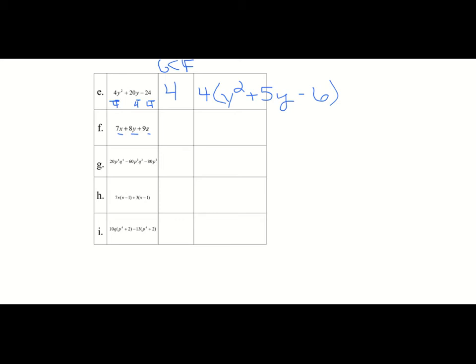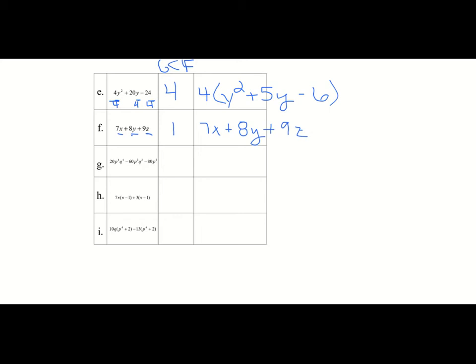Because 7 doesn't work with 8 or 9, my greatest common factor here is a 1, which means it's a prime polynomial. We can't factor it, at least by pulling out a greatest common factor. So my answer here for my prime polynomial would just be 7x plus 8y plus 9z. I can't do anything with it right now. It can't be factored.